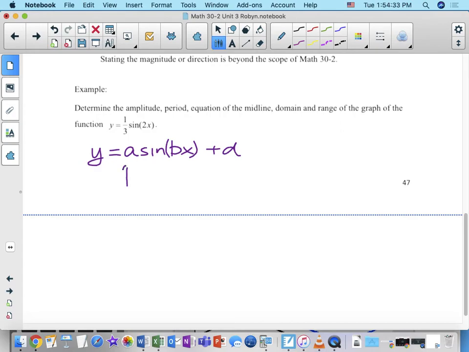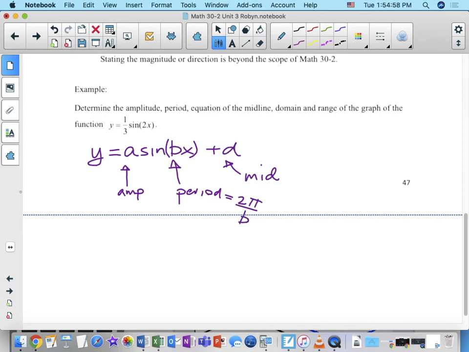Amplitude. What does D tell us? Midline. What does B tell us? Not exactly the period, but it gives information about the period, right? So the period is 2 pi over B.